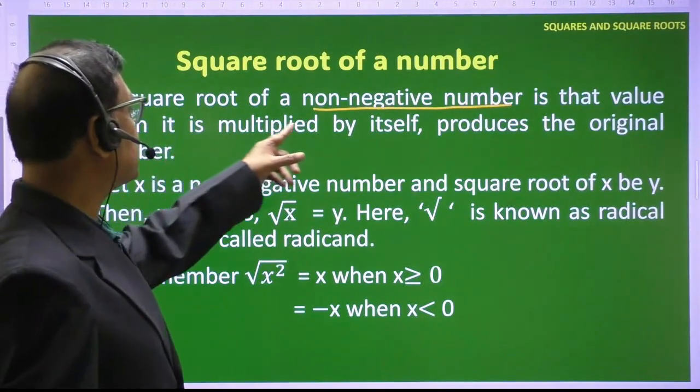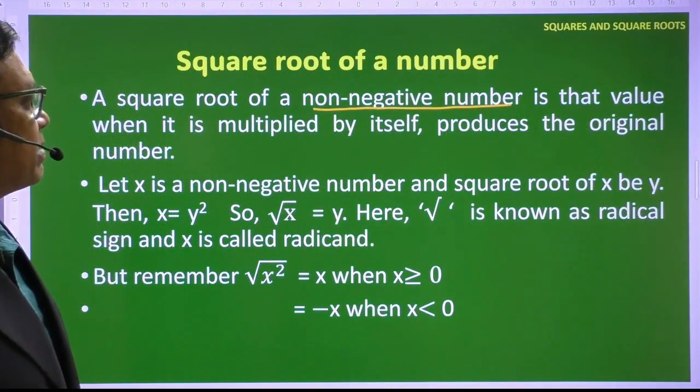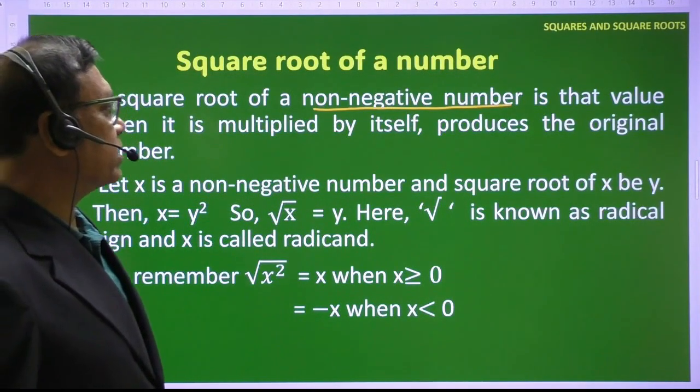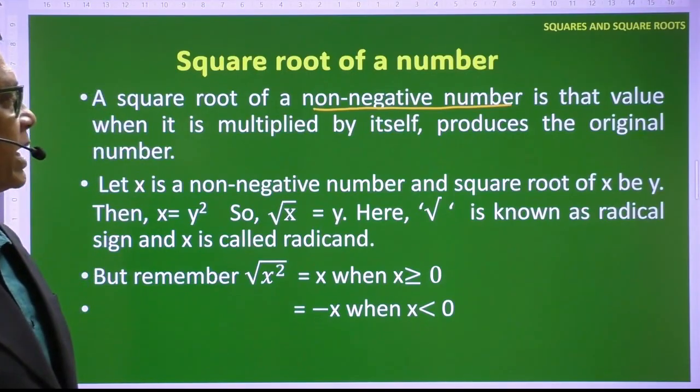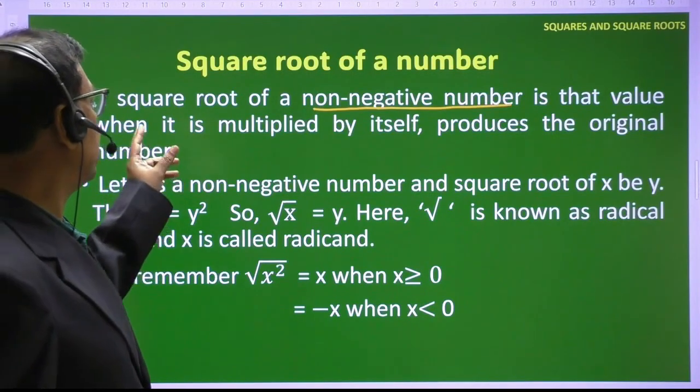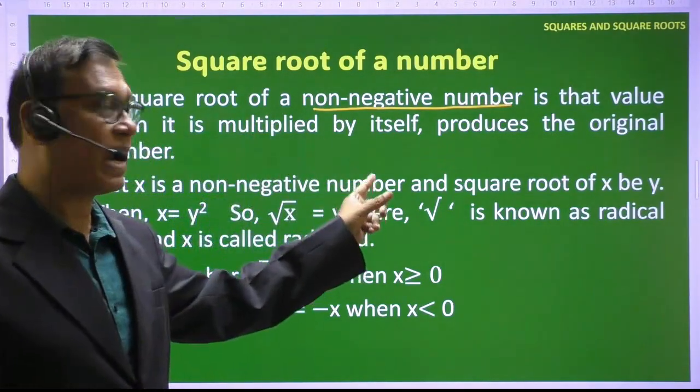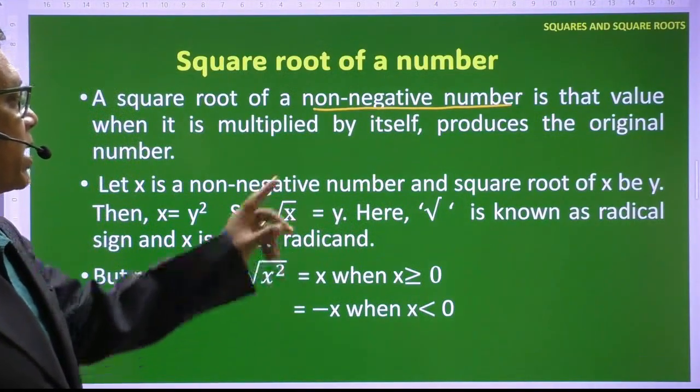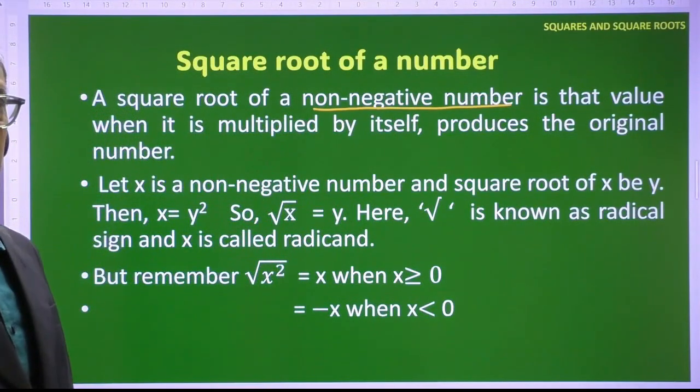So we will find the square root of a non-negative number, and the square root of a non-negative number is that value which, when multiplied by itself, produces the original number.